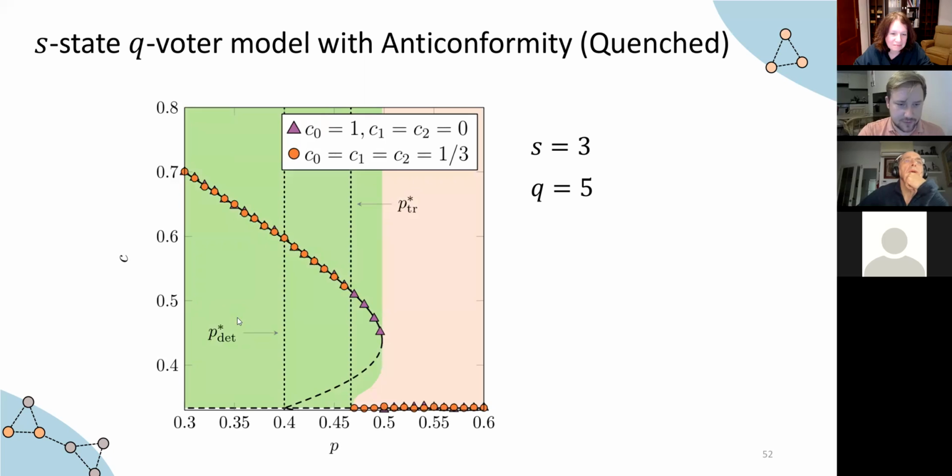So for example, c equal to 0.5 and p equal to 0.35, and this will be my initial condition. Basically, for p equal to 0.35, I start with concentration equal to 0.5. So the dominant one will be 0.5, but the rest of the concentrations will break another way. And I will check to what this analytical trajectory will converge.